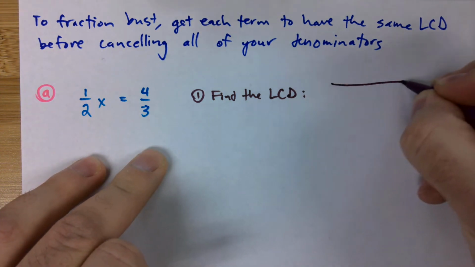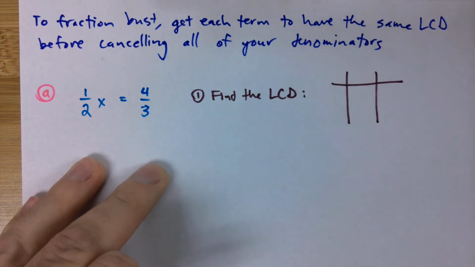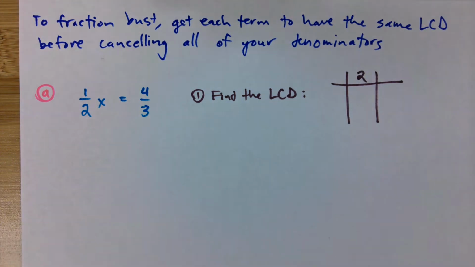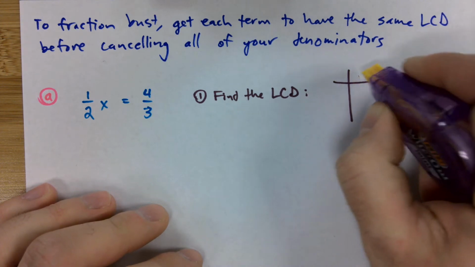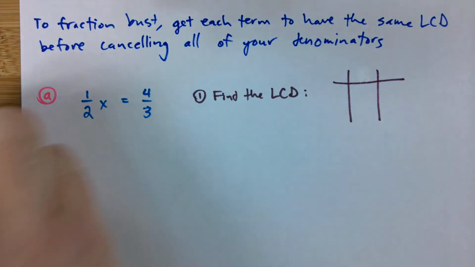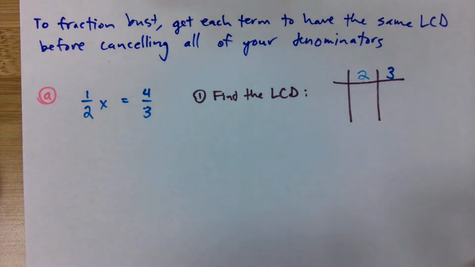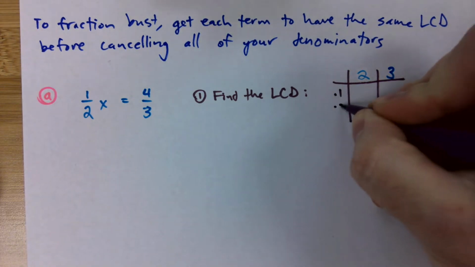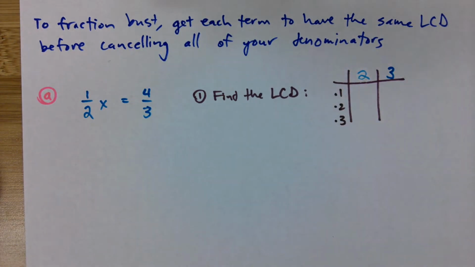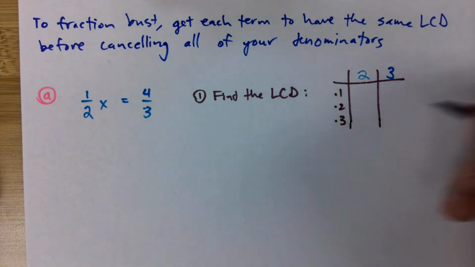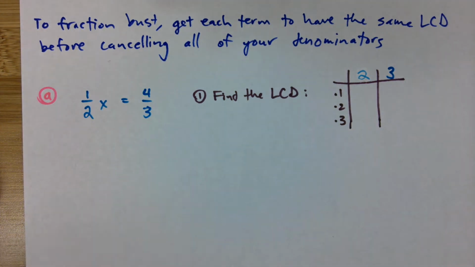Again, we're going to do that by making us a multiples table. So we've got 2 and we've got 3. Those are our denominators. And then for our multiples, we'll go times 1, times 2, times 3. Again, you might be able to identify what the LCD is here right away.